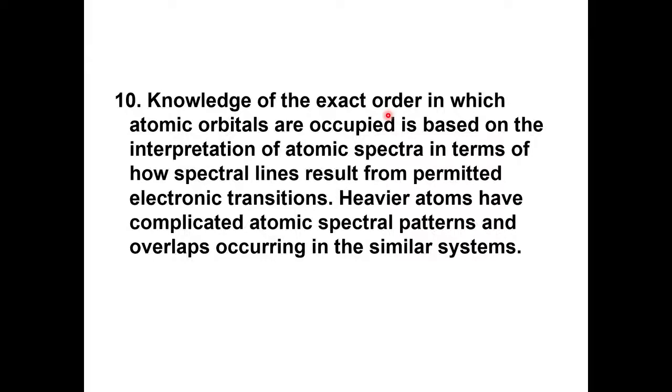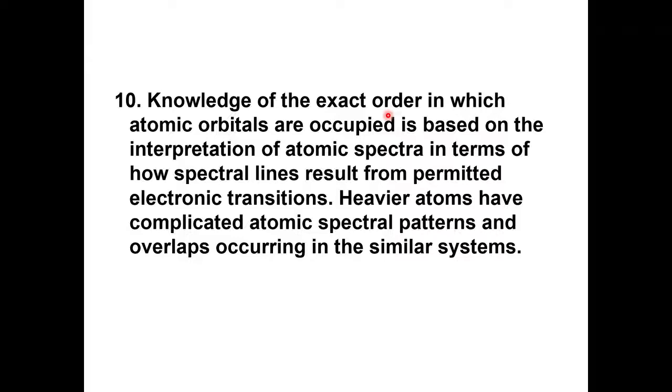We can take a look at the spectra and say how the electrons are filled in that atom. That is the beauty of spectroscopy. It is based on the interpretation of atomic spectra in terms of how spectral lines result from permitted electronic transitions.